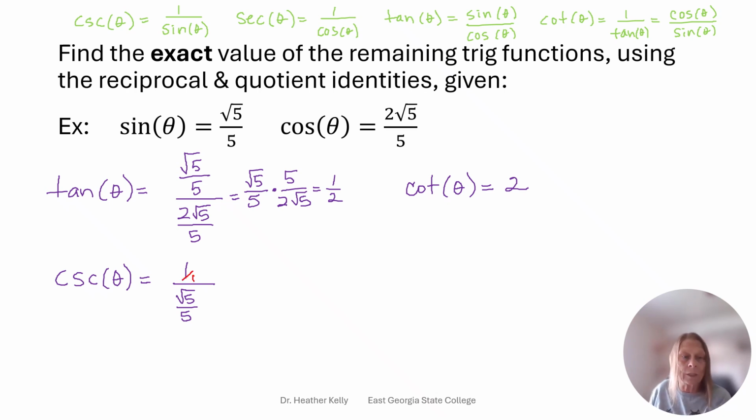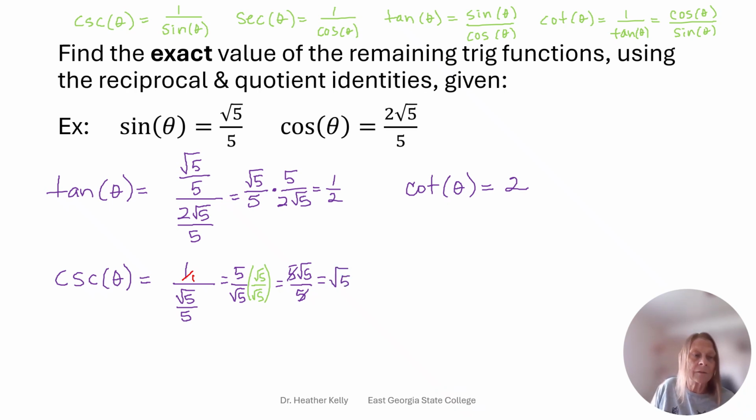So all we're going to do is flip this guy over. So this is equal to 5 over the square root of 5. And then, of course, we have to rationalize all of our answers. No square roots in the bottom. So this gives us 5 square roots of 5 over 5. And those guys cancel. And this is just the square root of 5.